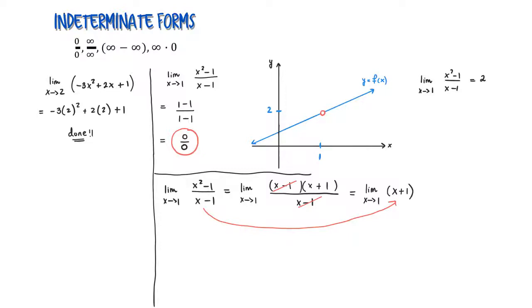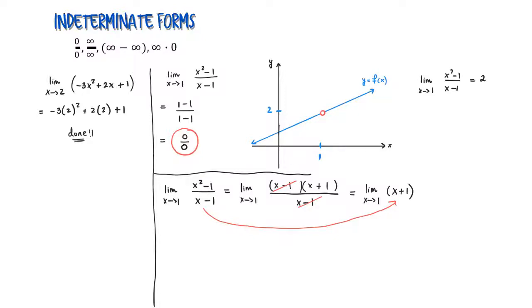But remember that as far as a limit is concerned, the limit doesn't care about what happens at 1. The limit only cares about what happens around 1, slightly to the left of 1, slightly to the right of 1. And around 1, the one-sided limits are identical.